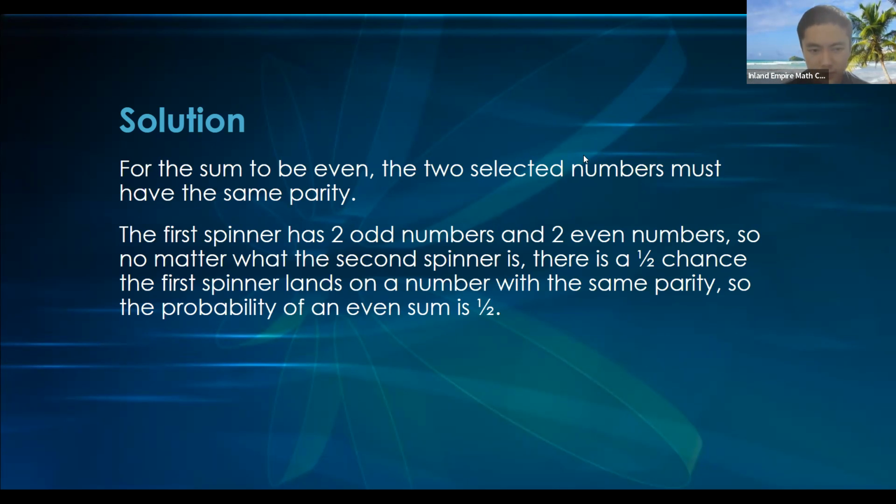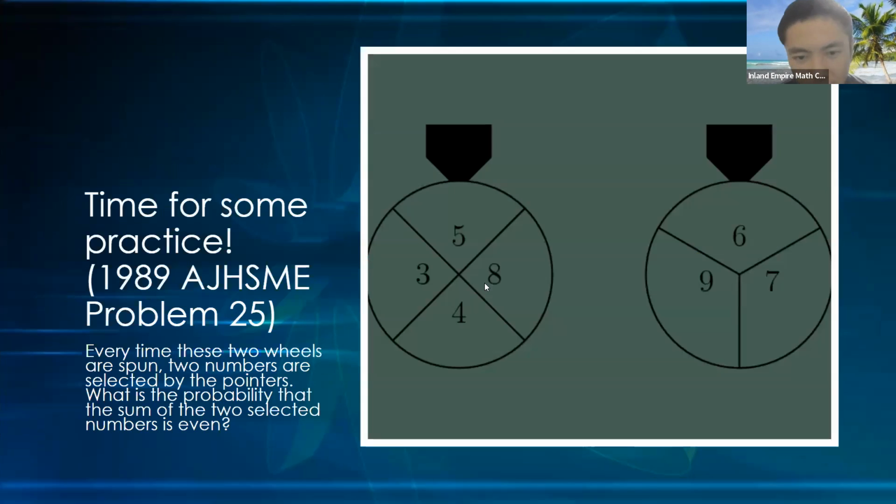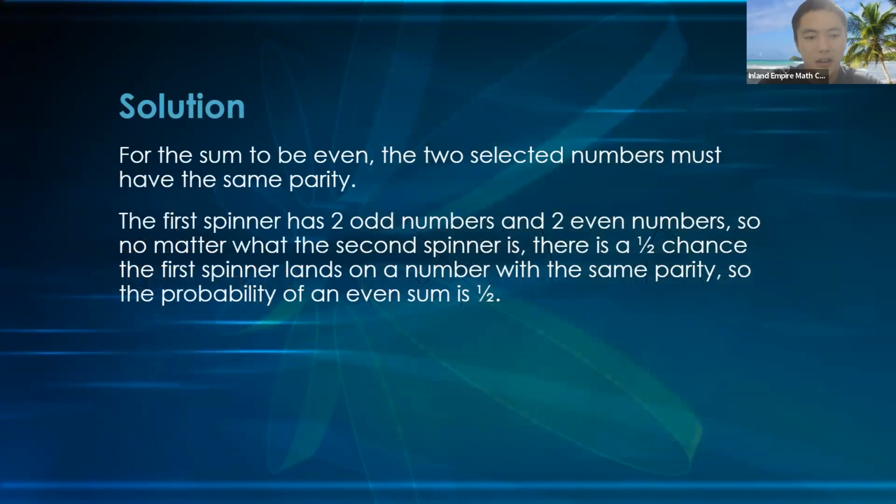So the first spinner has 2 odd numbers and 2 even numbers, right? Let's fact check this a bit. So the first spinner has 4 and 8 even, 3 and 5 odd. That's right. Okay, so that means no matter what the second spinner is, there is a 1/2 chance that the first spinner lands on a number with the same parity.